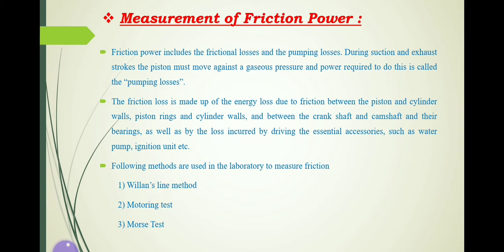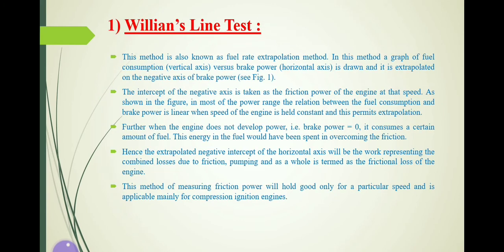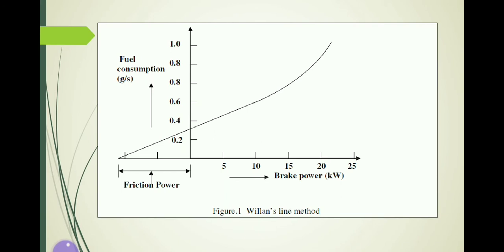So we'll start with the first method which is going to be used for measuring the friction power. The first method for measuring the friction power is nothing but the Williams line test. So what will happen in this Williams line test, that we'll see. First we'll see this diagram. This Williams line test is a graphical method for measurement of friction power.